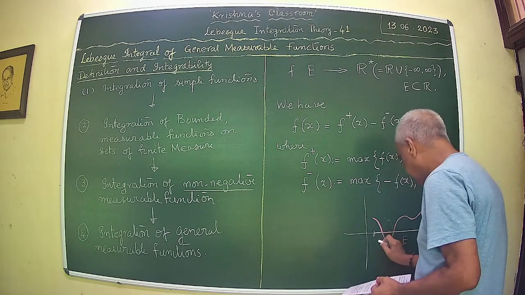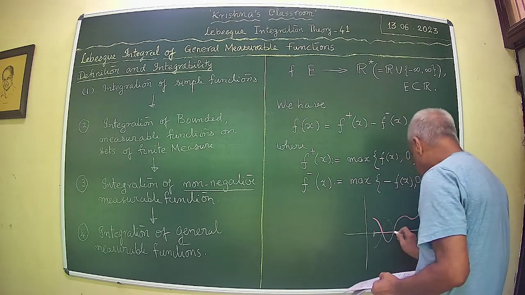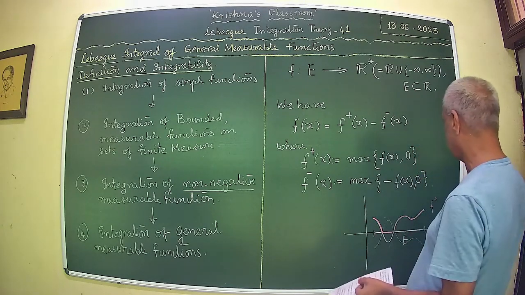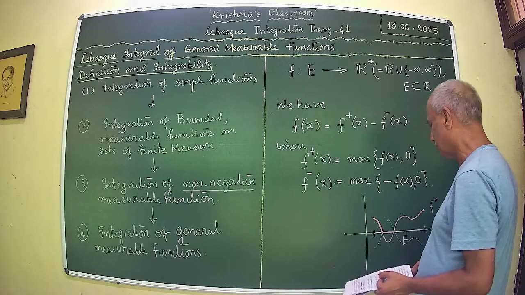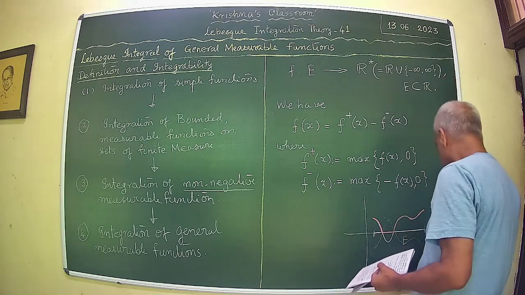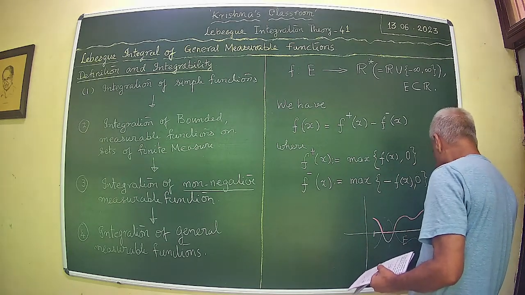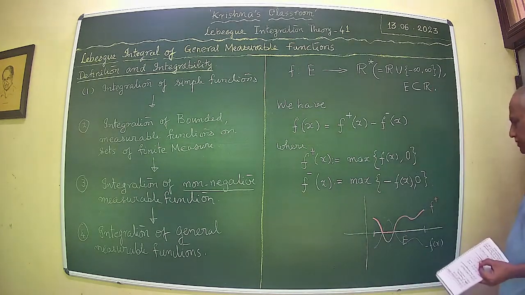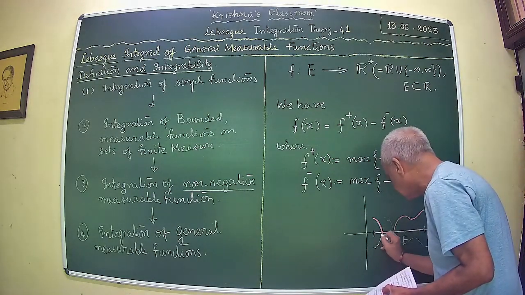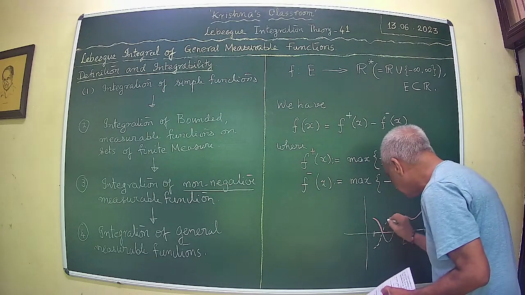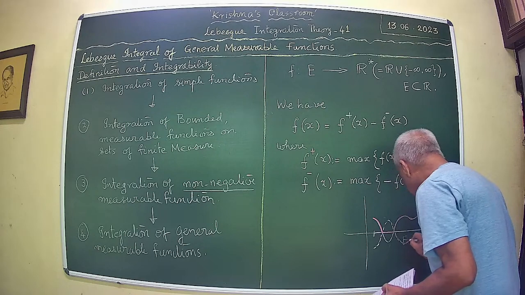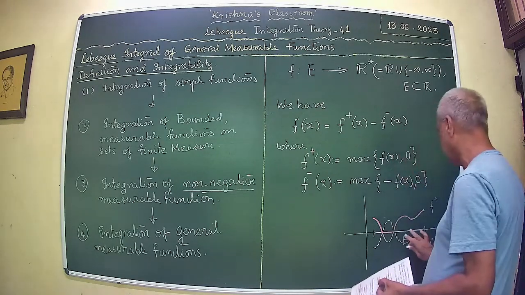So you get here its reflection, and here the reflection will be something like this. That's the graph of minus f(x).